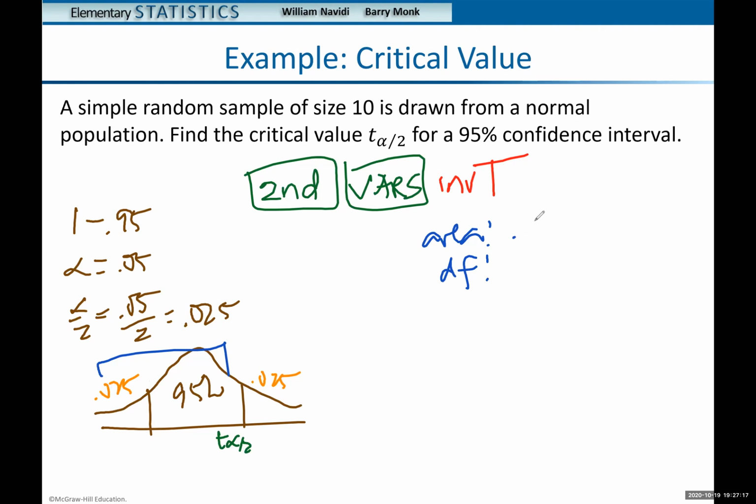So that's why you have to enter here 0.975. And degrees of freedom, df, is always equal to n minus 1. So don't forget this. The sample size is 10, 10 minus 1 is 9. And then now you will be able to get the answer.